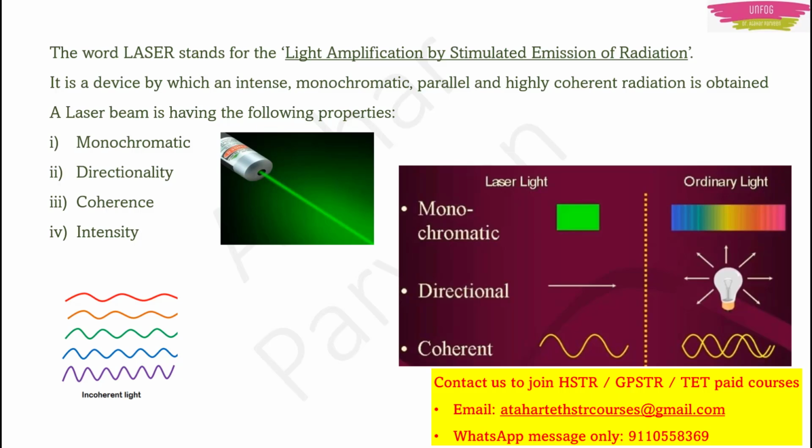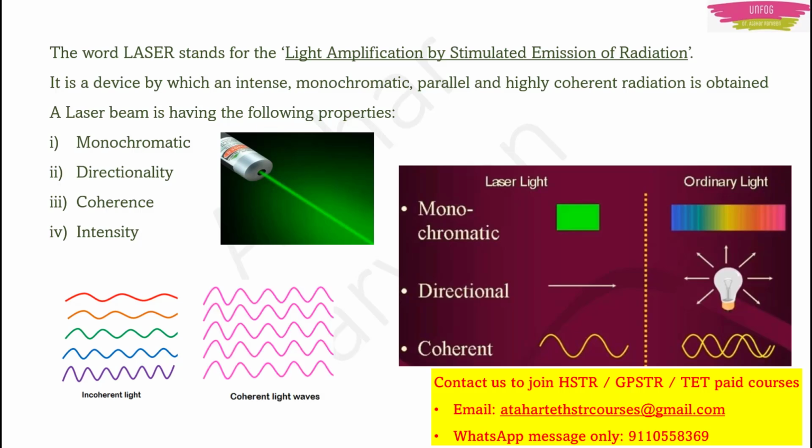If you superimpose all those waves together, you will not get one wave, you will get different waves. But in coherent waves, you put all the waves together and you can see that there is only one wave, because the amplitude will be the same, the wavelength will be the same, everything will be the same, the phase will be the same. So this is the speciality of a laser beam, that it will always be coherent.